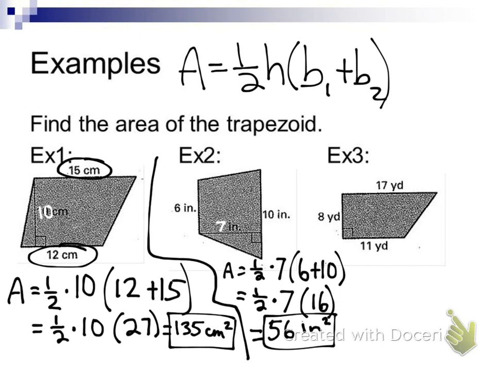Alright, same thing on that last one. 8 is the height, so we have 1/2 times 8, and then in parentheses 11 and 17. If you want to do 17 plus 11, 11 plus 17, it's the same thing. So that's going to be area equals 1/2 times 8 times 28.